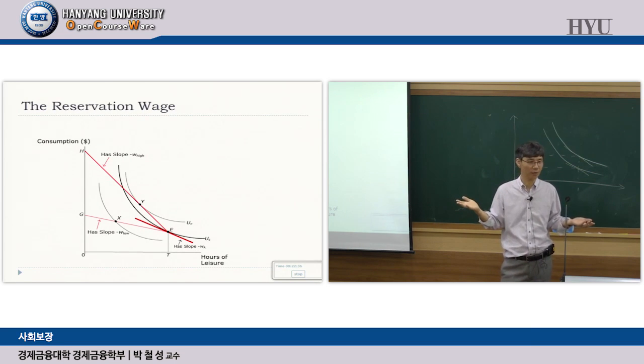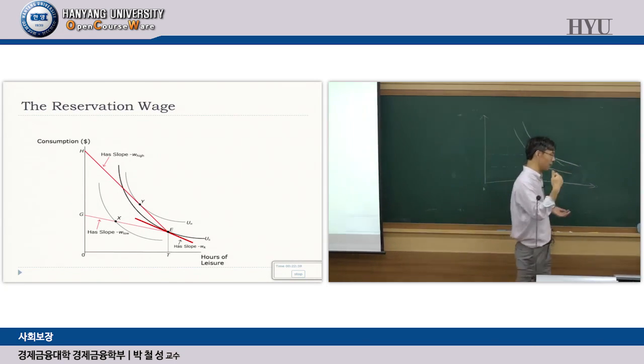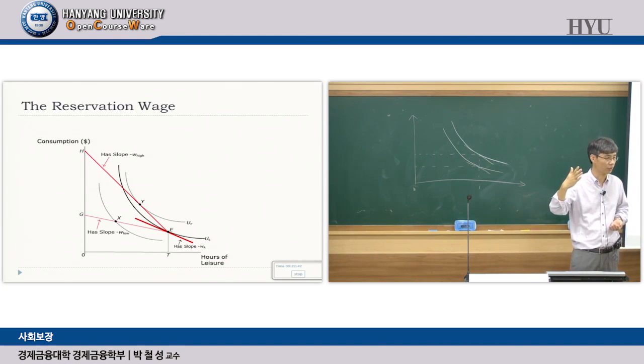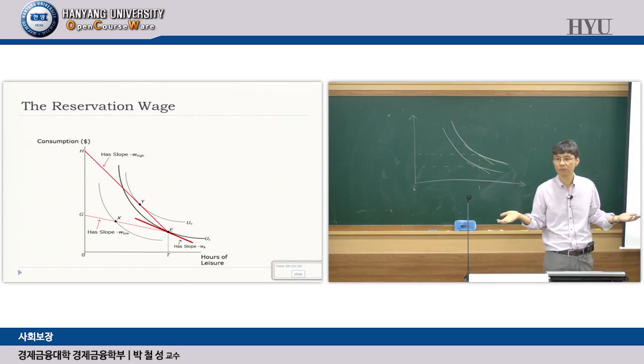What happens is that their non-labor income goes up, so it is intuitively natural that that person's reservation wage should go up. Richer people are less willing to work for the same wage rate. If I offer $10 per hour to a very poor person, that person is more likely to work than a richer person.